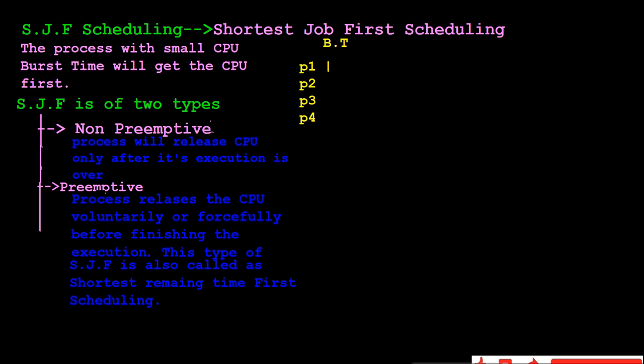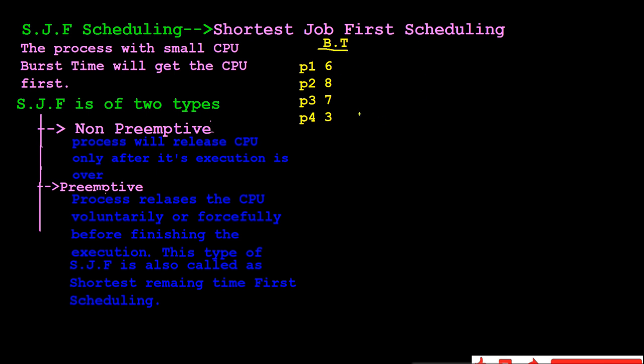P1 requires a burst time of 6 seconds, P2 requires 8 seconds, P3 requires 7 seconds, and P4 requires 3 seconds. These processes P1 to P4 are in the ready queue at any given time, and their burst time requirements are these.